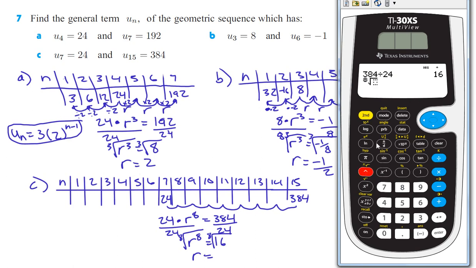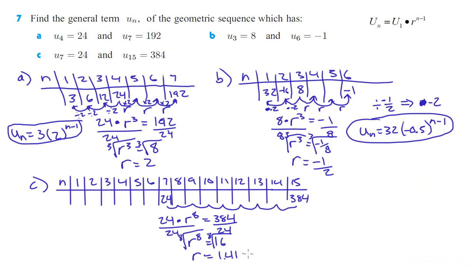So 8th root of 16 gives us 1.41, which happens to be the square root of 2. Okay, so we are multiplying by the square root of 2 each time going this way. So if we're going back this way, we've got to divide by the square root of 2 each time to go back here to get to the first term.